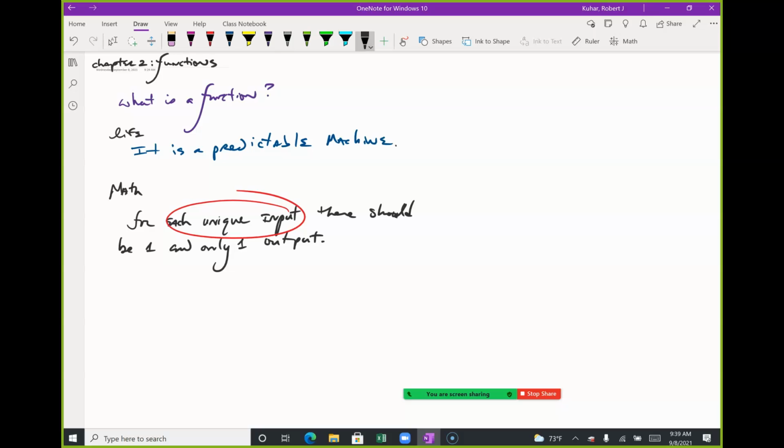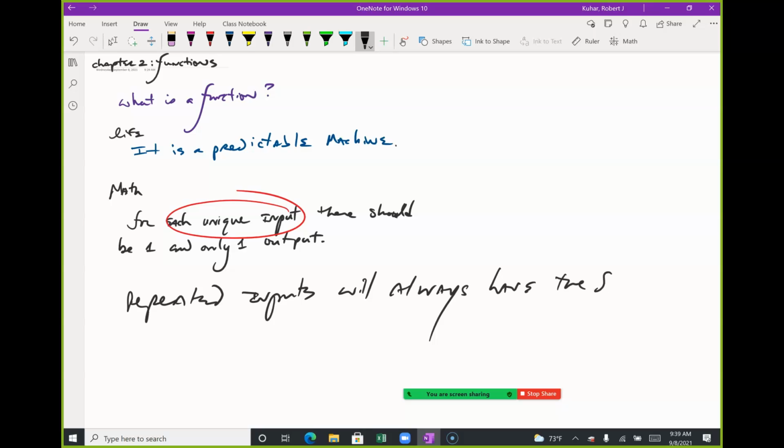So repeated inputs will always have the same output. Think about it in terms of being a computer scientist or biologist doing an experiment.